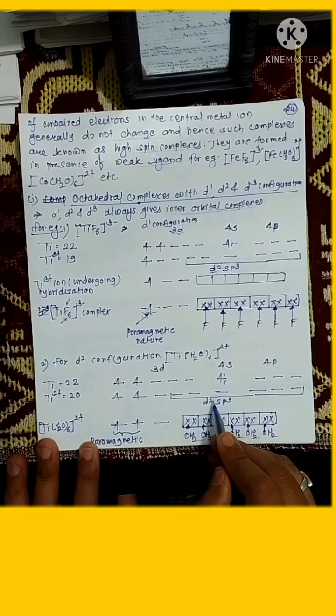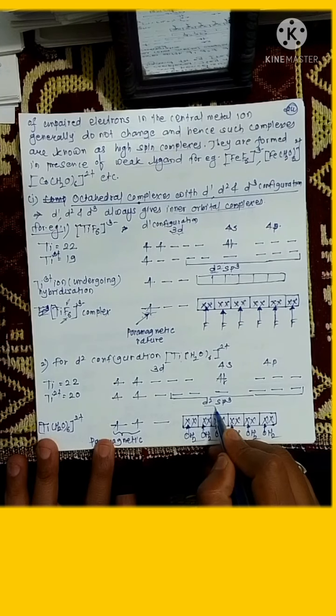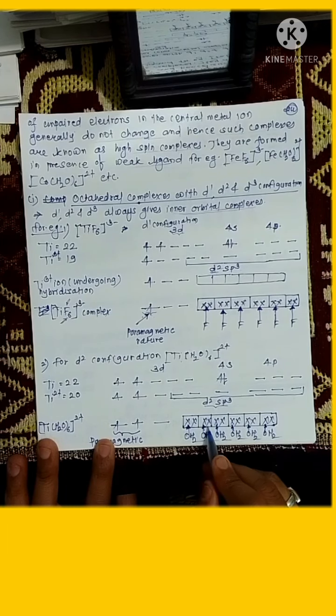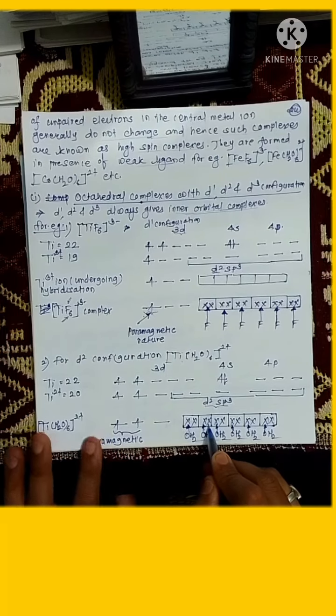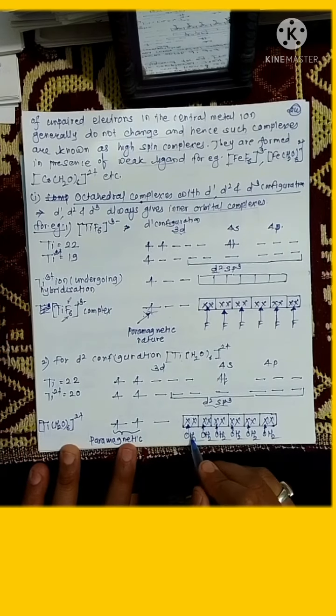In this complex also, d2sp3 hybridization takes place. Because of that, 6 orbitals equivalent in energy are formed. In this case, the water ligand, which is neutral in nature, gives its electron pair through oxygen. The electron pair is present on oxygen.